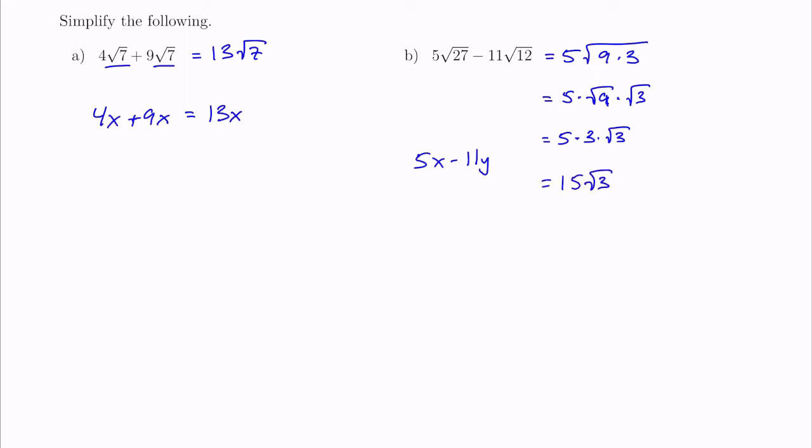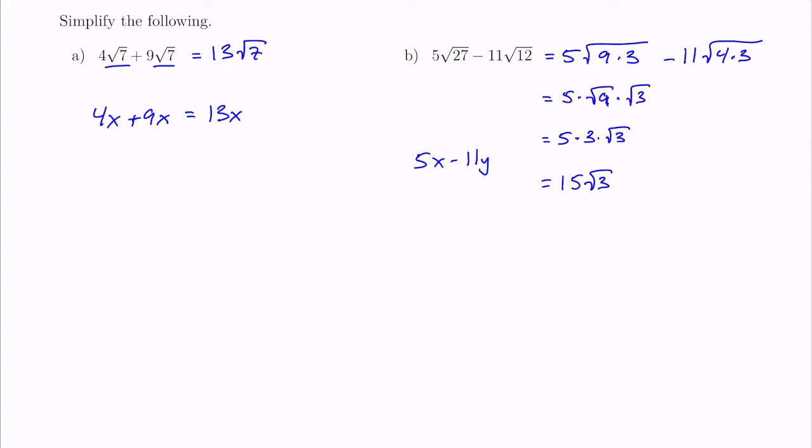Now we're going to do a similar thing to the other radical that we had been subtracting, 11 root 12. So if I'm subtracting 11 root 12, I need to recognize that 12 is the same thing as 4 times 3. Again, 4 being the perfect square, which makes that important. So I will rewrite that minus 11 root 12 as minus 11 times the square root of 4 times 3.